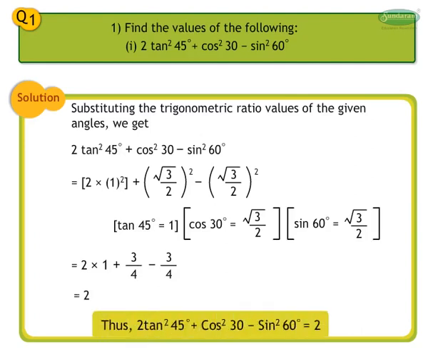Thus, 2 tan square 45 degrees plus cos square 30 minus sin square 60 degrees is equal to 2.